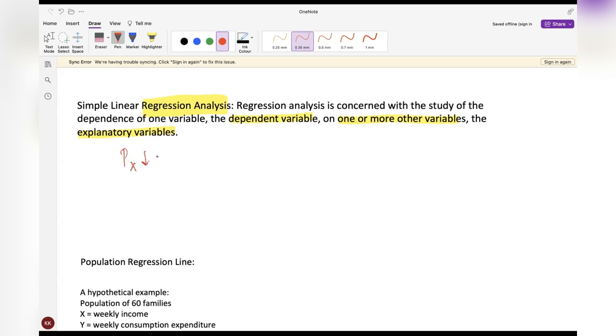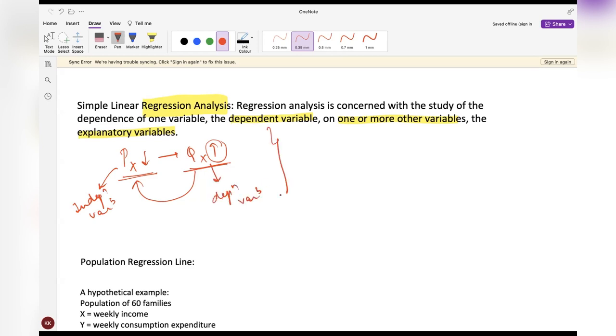As it falls, the quantity demanded increases. Now, when the price has reduced, the quantity has increased. So basically, the increase in quantity demanded is dependent on the fall in the price, right? So in this case, our price is the independent variable, and the variable dependent on it is the dependent variable.